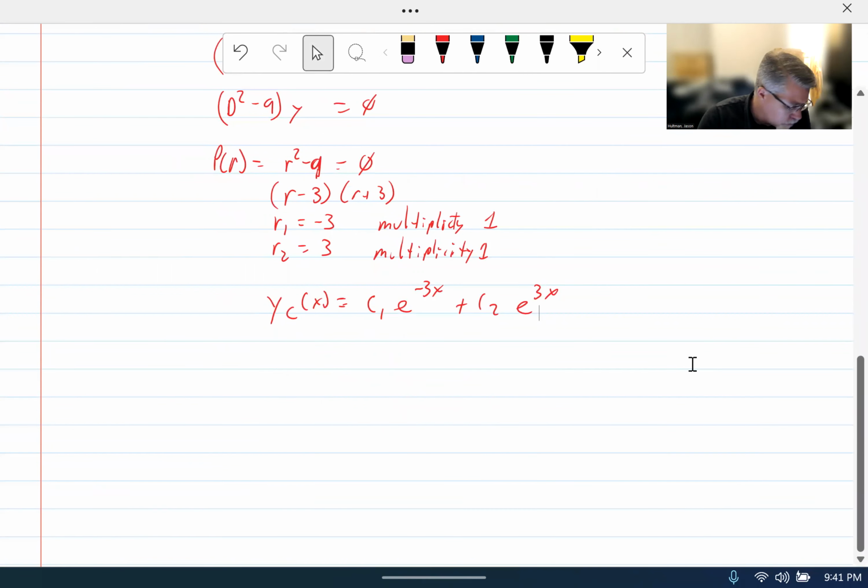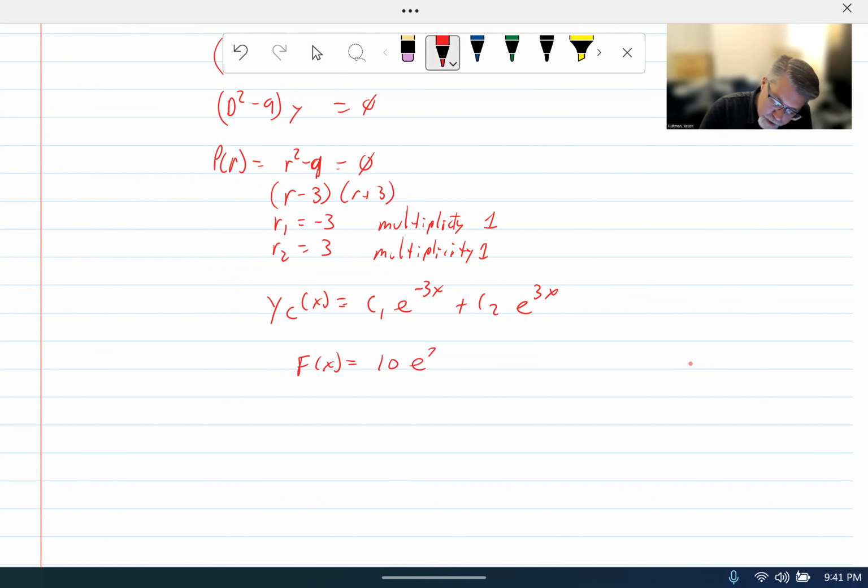Now let's look at f of x equaling 10 e to the 2x. I need A(D) times 10 e to the 2x equaling 0.